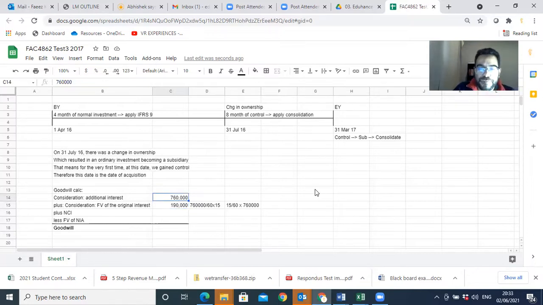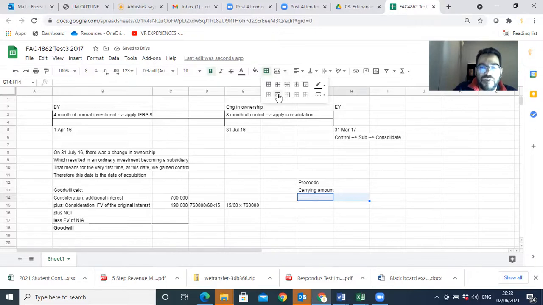Just to show you, remember there will be a gain or loss on this. When you sell something, we say proceeds less carrying amount gives us gain or loss. The proceeds of this deemed disposal is the fair value.